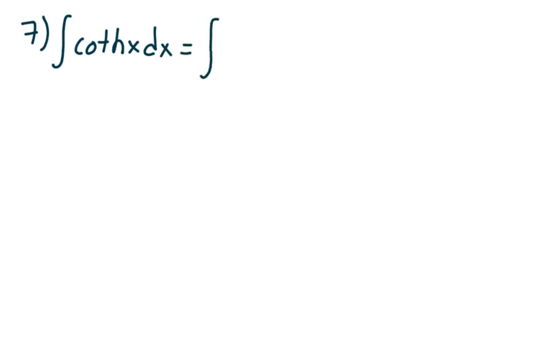Now, number 7. Suppose I have the integral of hyperbolic cotangent x dx. Well, this is the integral of hyperbolic cosine x divided by hyperbolic sine of x dx.